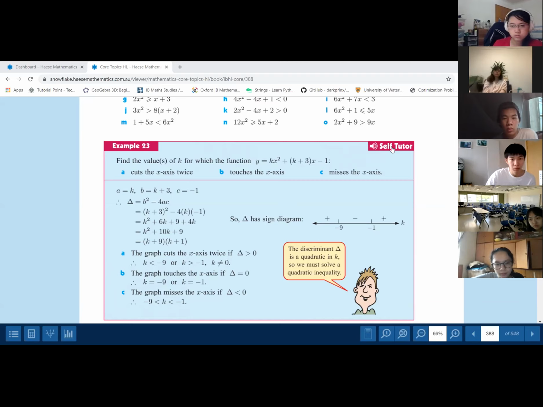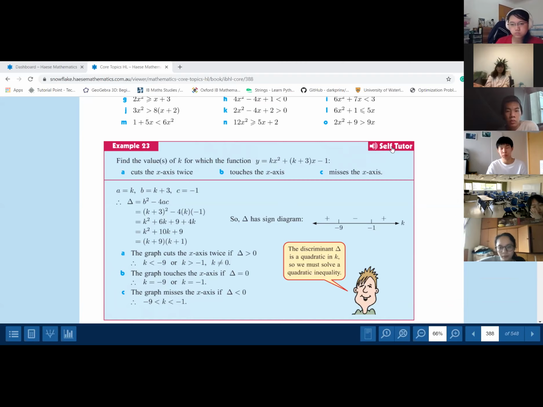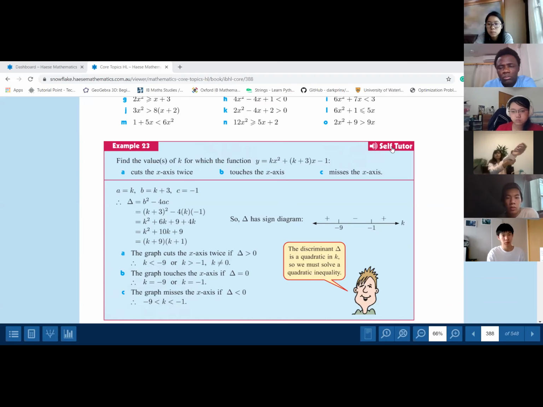To draw a sign diagram, we start with a number line labelled with the variable k. We mark the two zeros, -9 and -1. When k is large and positive, both factors are positive and the discriminant is positive. The linear factors are both single, so we place alternating signs on each interval of the sign diagram.